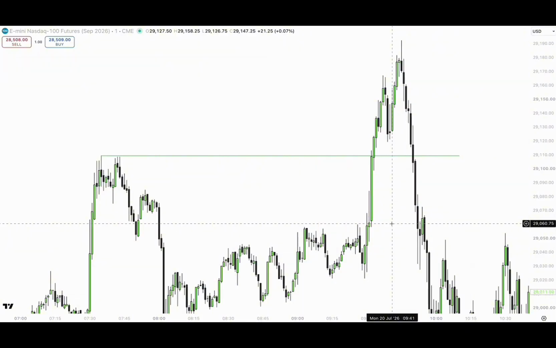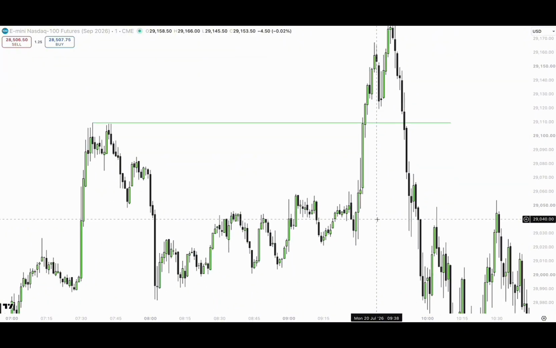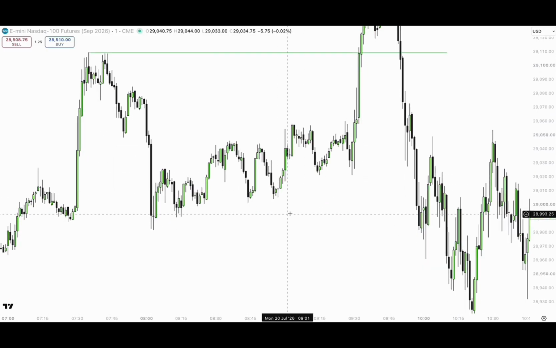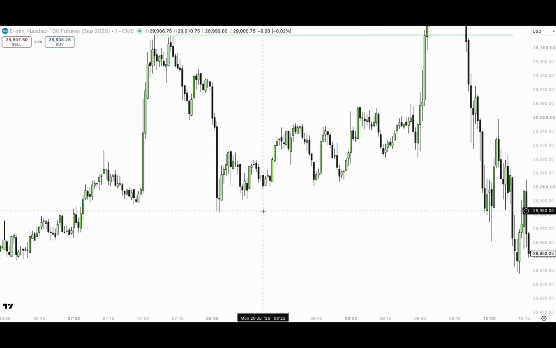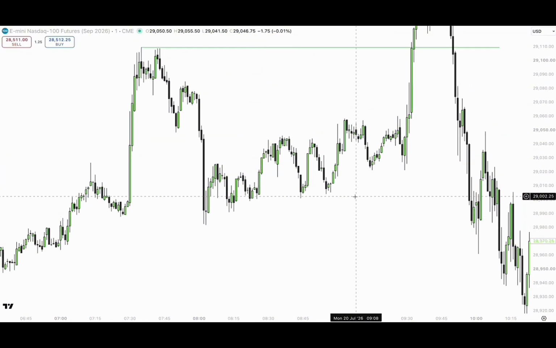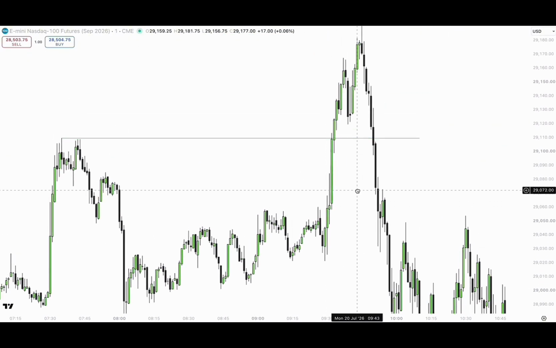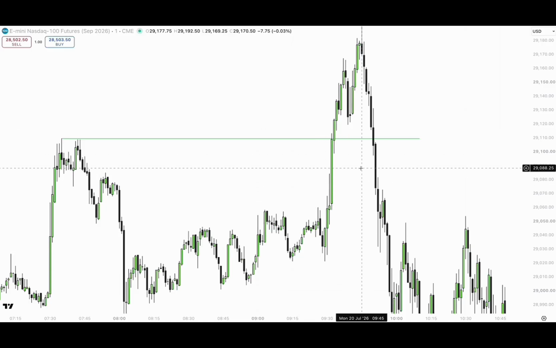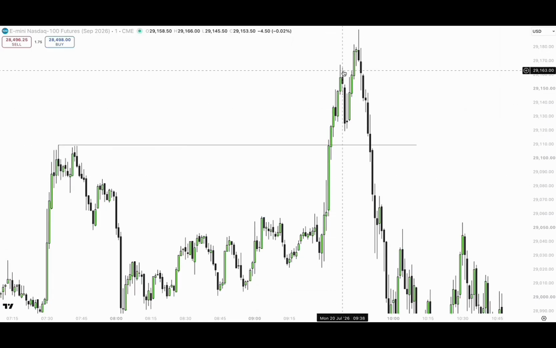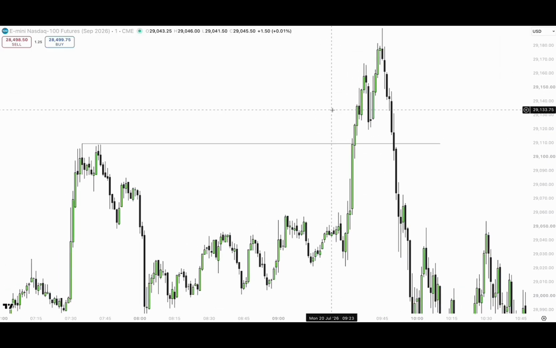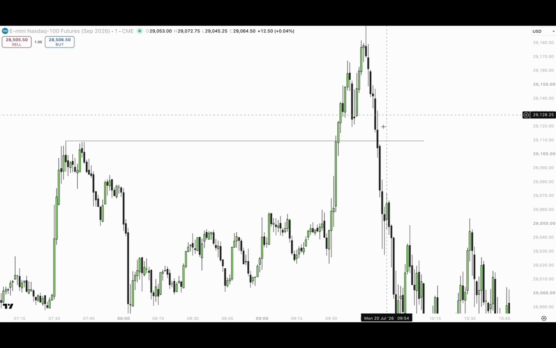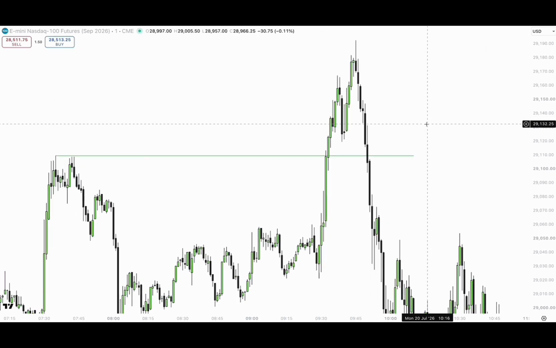Of course, this is not always the example. Sometimes we also go to the downside first and don't take out the pre-market session low and then spool to the upside. And sometimes we see something like this, that we spool to the upside, take out the pre-market session high, and then drop to the downside, and we have a market structure shift to the downside.